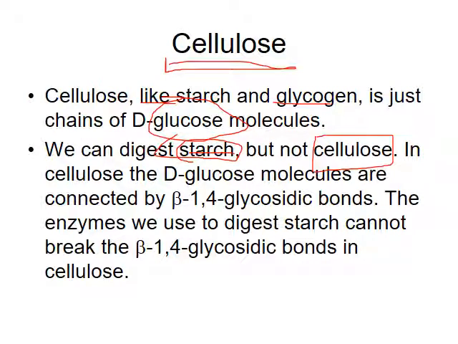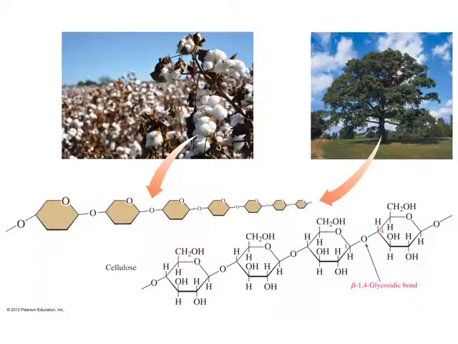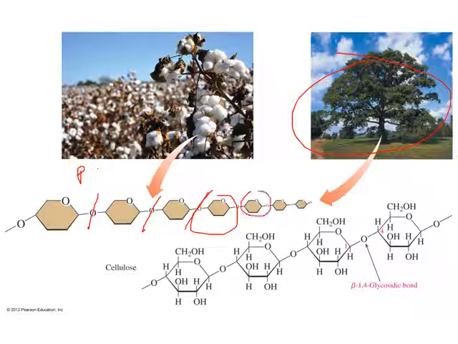Where is cellulose found? It's found in paper, trees, bark, cotton. So our bodies can't break this right here and release the glucoses to do energy.